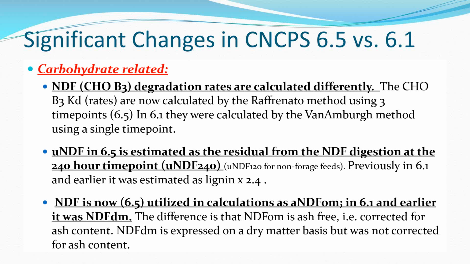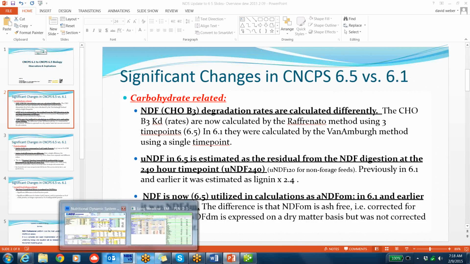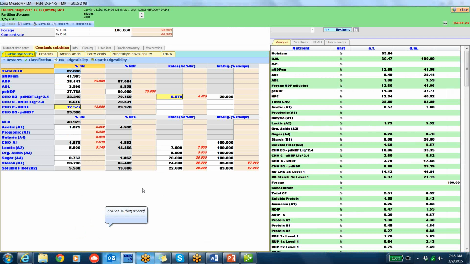However, for some forages that have a high amount of soil contamination, this will be a significant difference in the NDF. So we might go over and look at the NDS program and look at where these three items are resident. Dave is going to take us over to NDS, and we'll look at a feed sample perhaps.